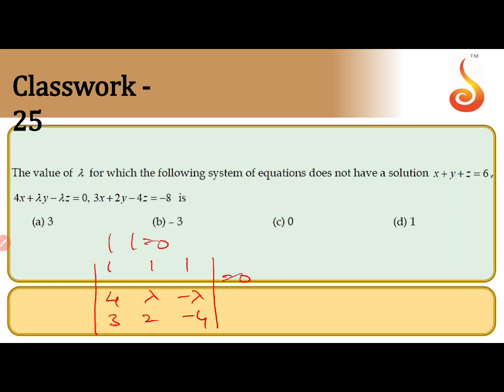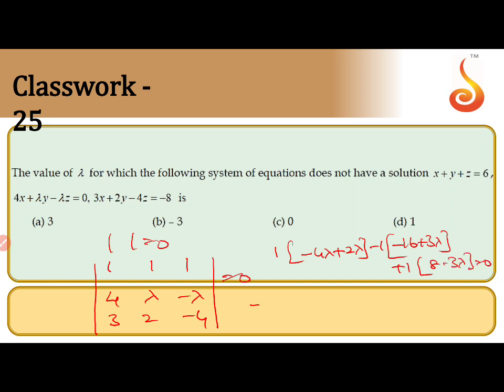You can expand directly, you will get the answer for this one. First 1 into minus 4 lambda plus 2 lambda, minus 1 into minus 16 plus 3 lambda, plus 1 into 8 minus 3 lambda.